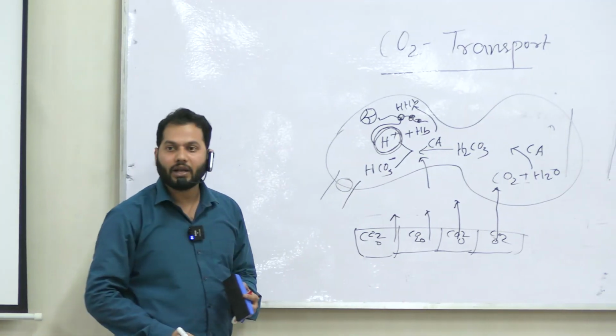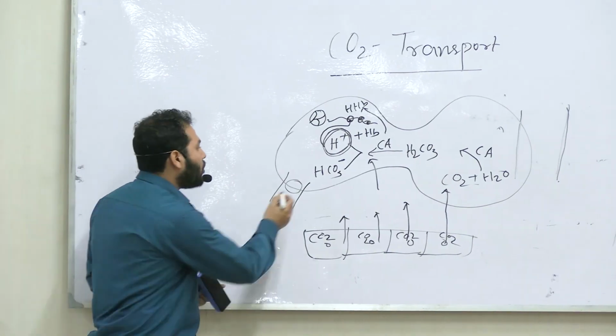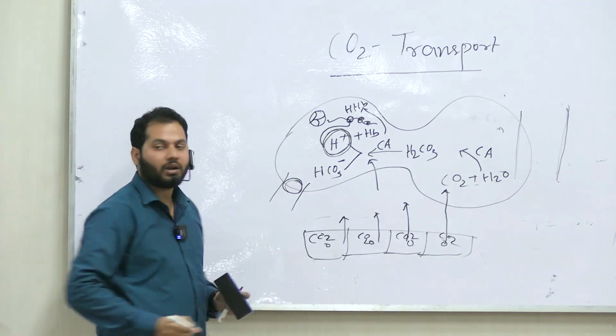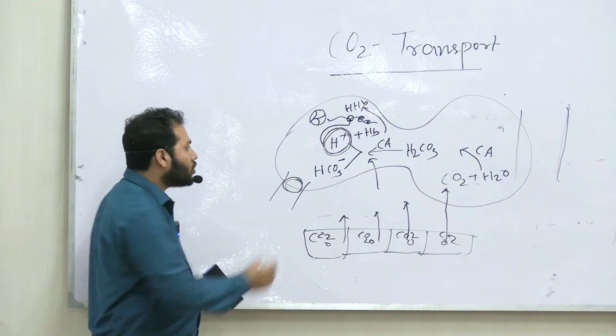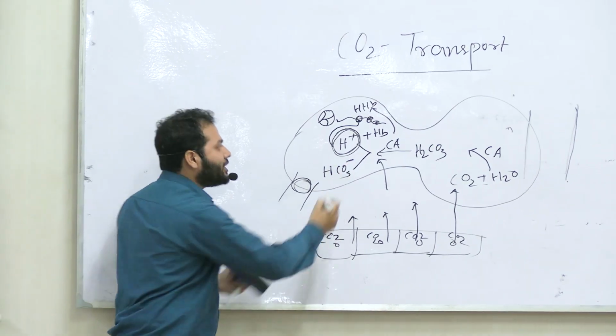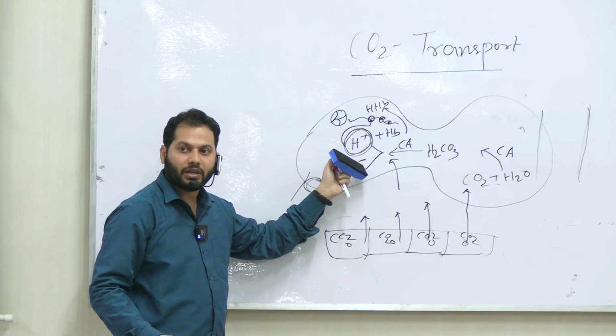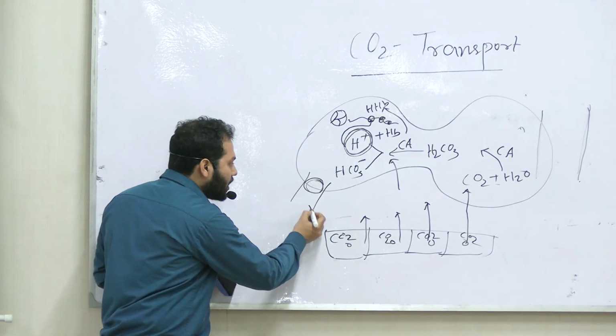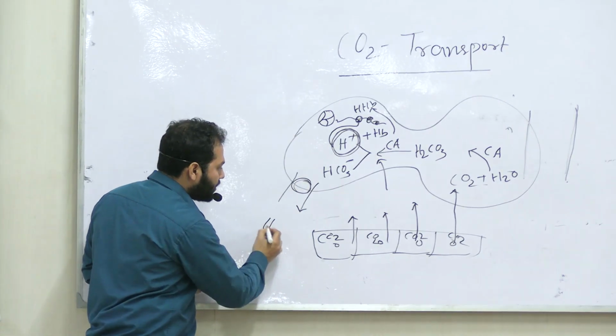So here in this membrane there is an exchanger which involves the exchange of ions. So due to higher concentration of HCO3 minus inside, through this exchanger it will come out, right?